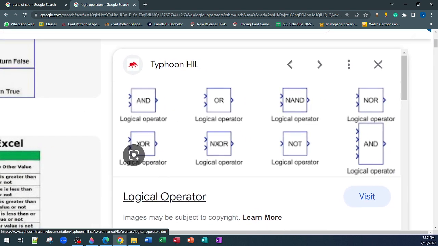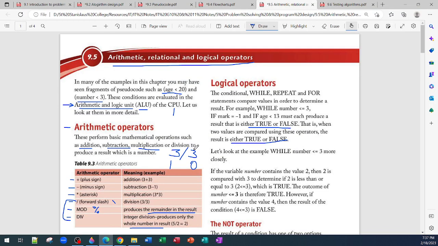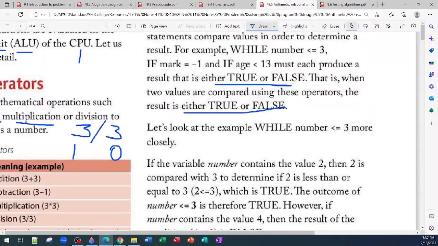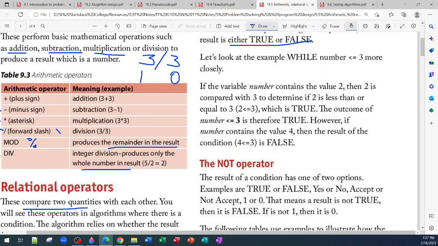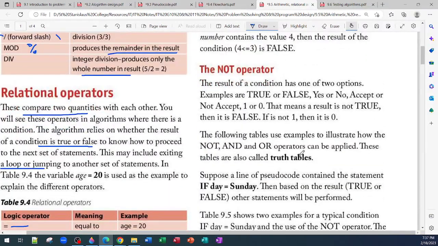Yeah, so these are the ones that you'll come across. So you have the AND, you have the OR, the NAND, the NOR, the XOR, the NXOR, the NOT, and so on. I can't remember if I've ever noticed them in an exam, but it would still be good for us to know about them.